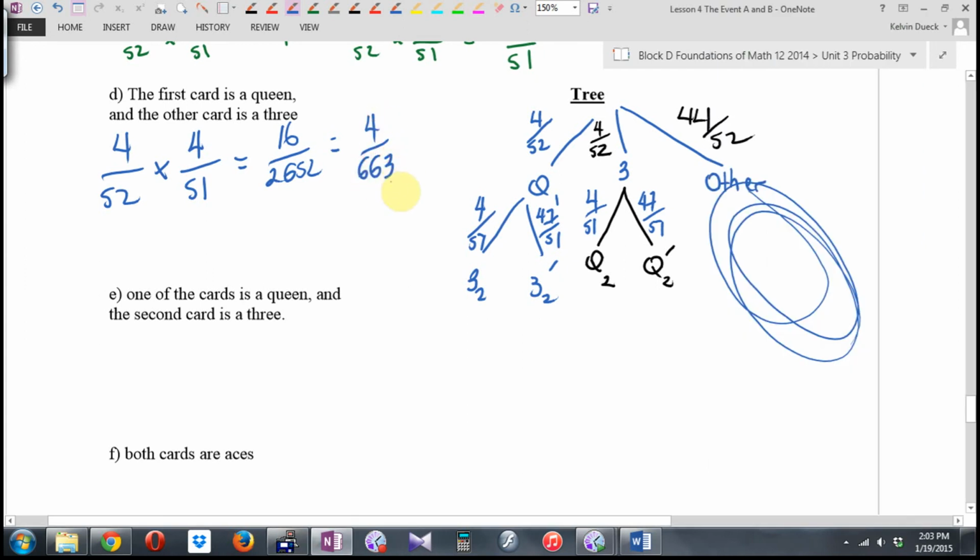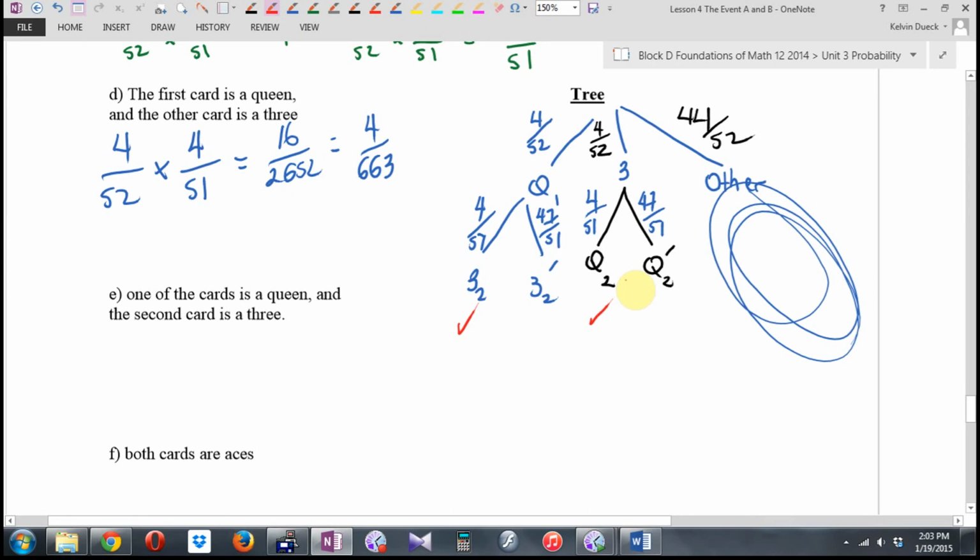Compare that with E. I'm going to put a check mark underneath the branches that satisfy E, which says you got to have 1 queen and 1 3. This branch works. What other branch works? Branch number what? Counting from the left. That branch works. Does it do? Yep. Why does that one work if it says the second card is the 3?